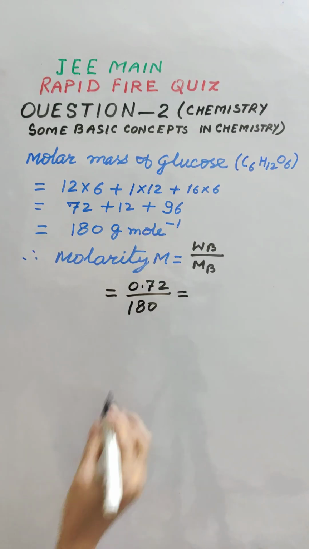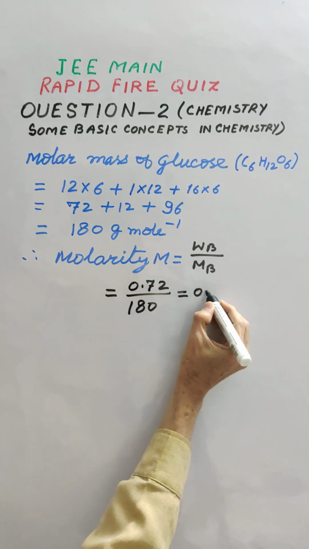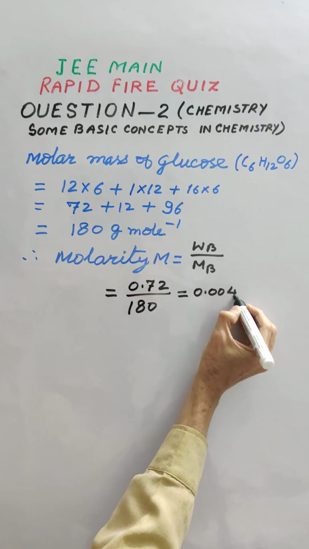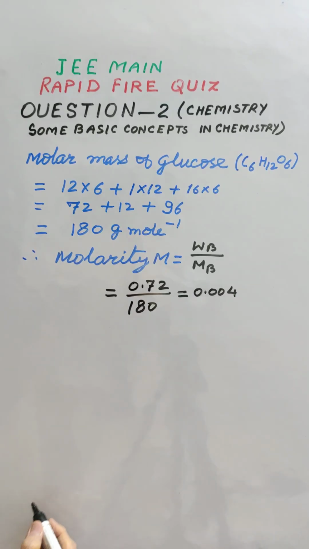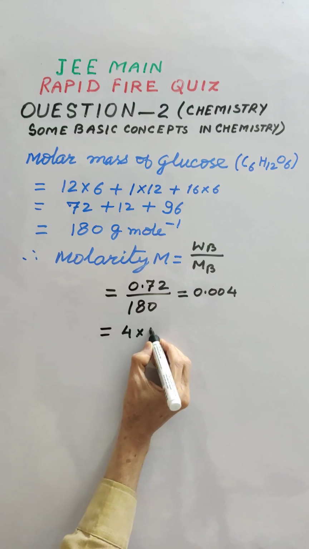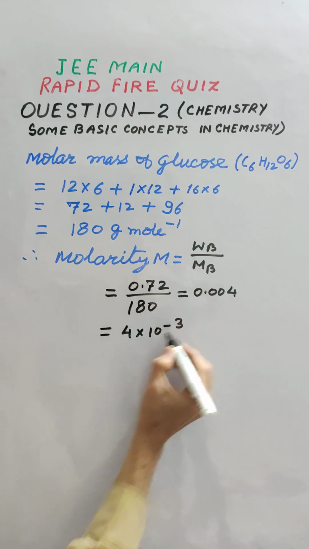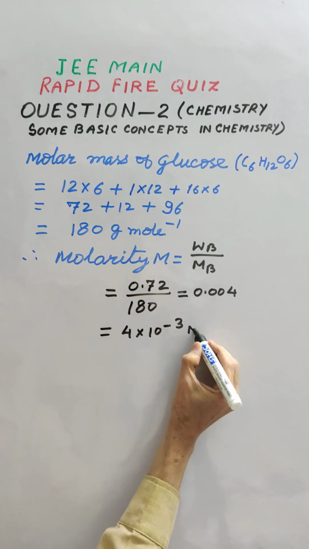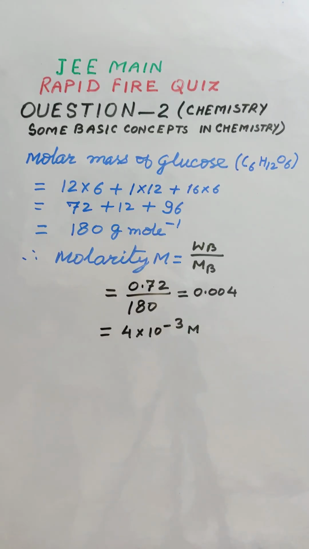On solving we shall get 0.004 mole, which is equal to 4 into 10 to the power minus 3 mole, which was our answer A.